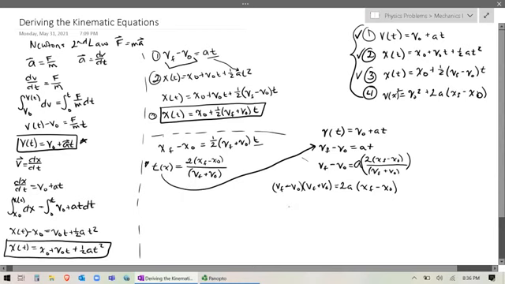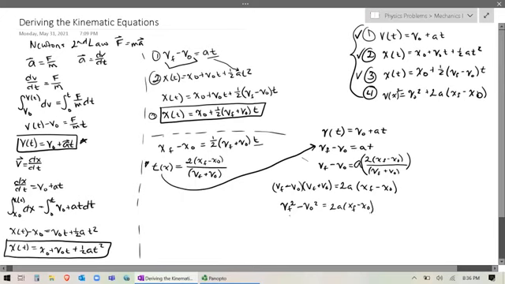Distributing this out, we get v final squared, that cancels out, that cancels out, minus v initial squared equals 2a (x final minus x initial).